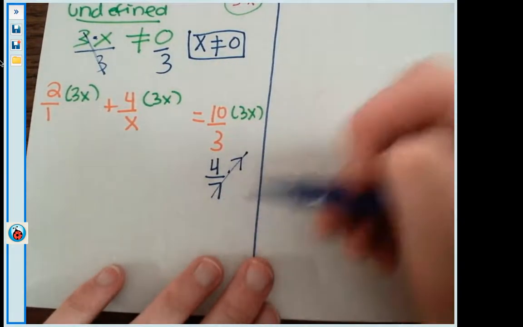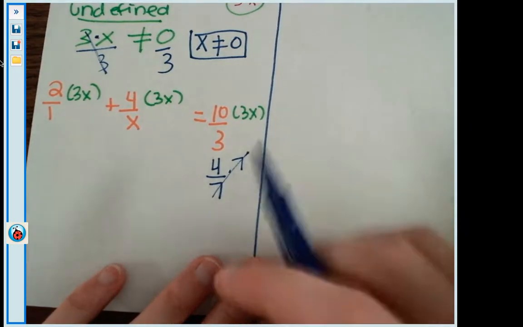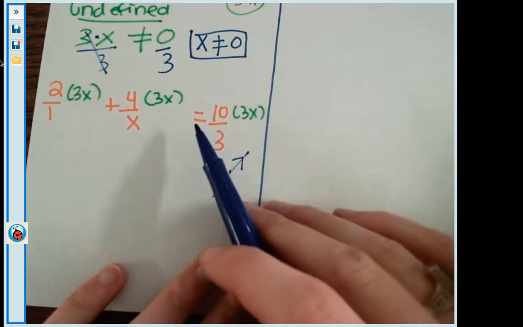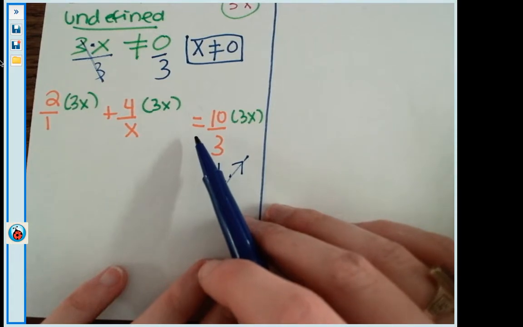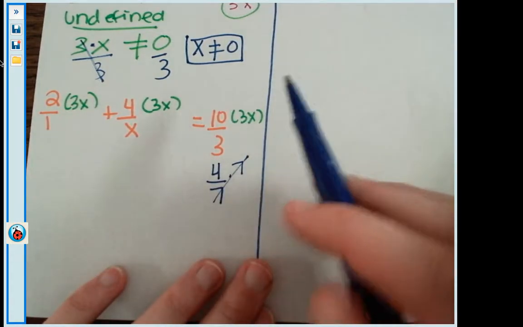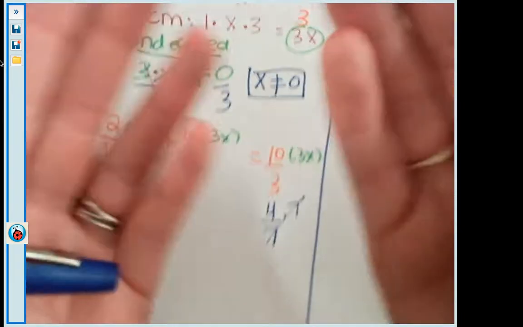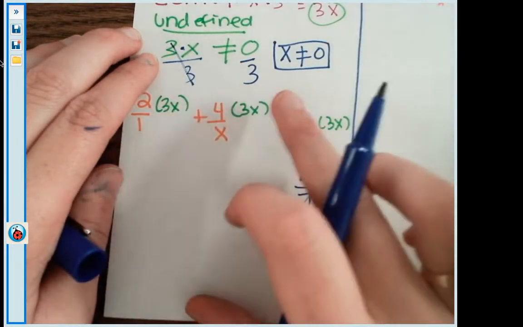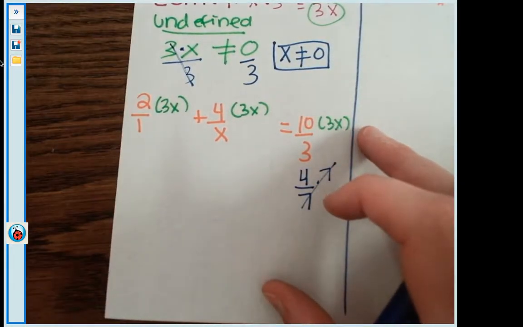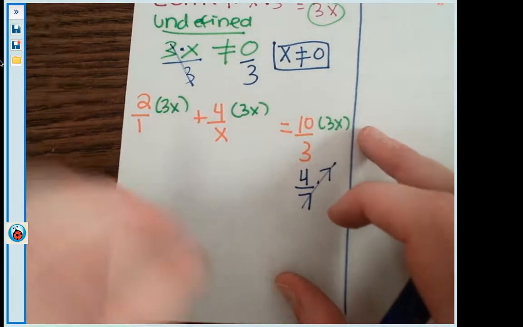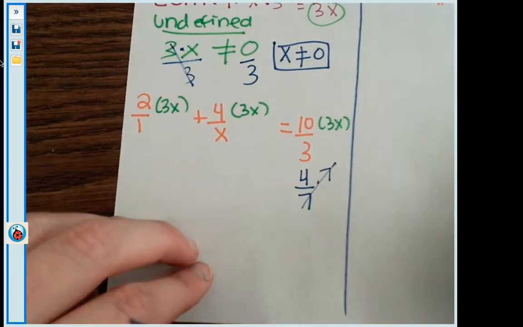There's a ton of illegal moves going on right here. Now, the reason why we can do this with an equal sign is because when you have an equation, you keep the equation balanced if you do something on both sides. So we're not changing the value of anything because an equation is all about keeping things balanced. Since I multiplied it to every single term, it's kind of like I didn't really multiply it at all, because I did it to all my terms, so they're going to stay balanced.